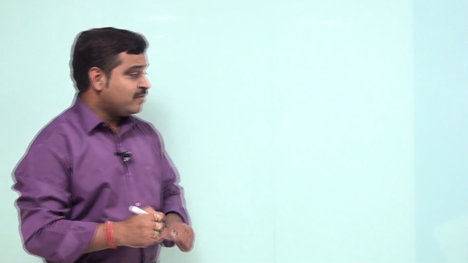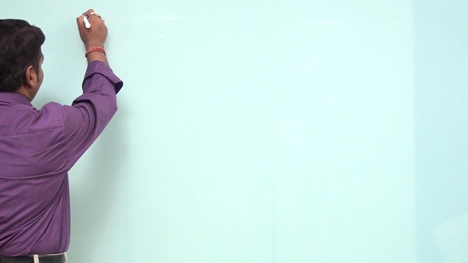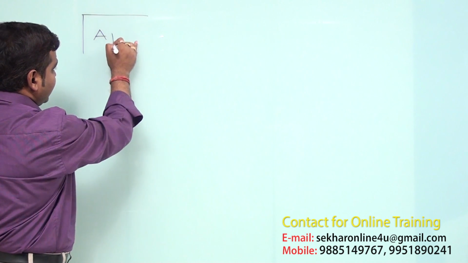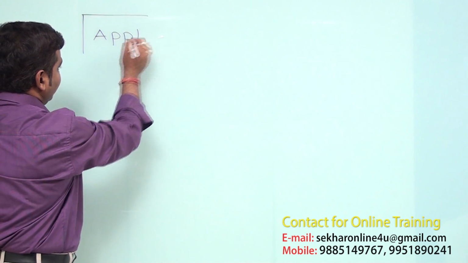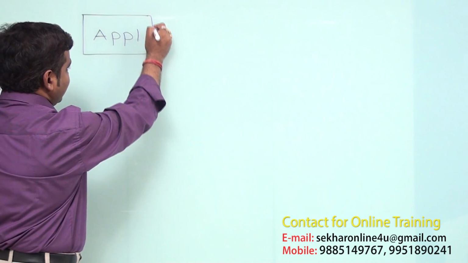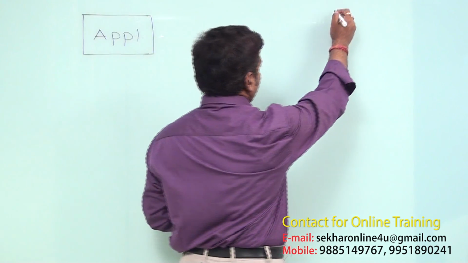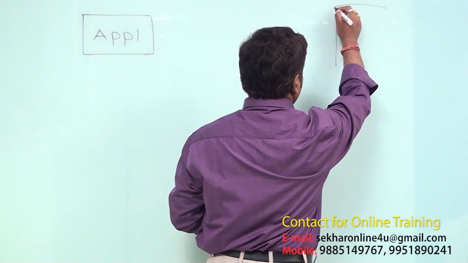Now let's try to understand the architecture of ADO.NET in simple terms. To start with, say that we have an application. This may be any .NET application developed using any language, and my requirement is to interact with the database.